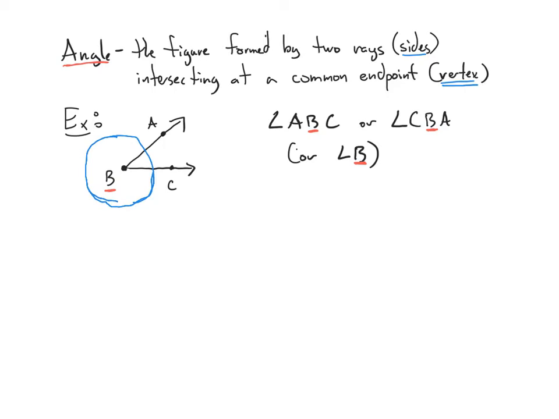The interior, which I'll highlight here in blue, is the space between your two sides. So this is the interior of your angle. And the stuff on the outside is, of course, the exterior of your angle.